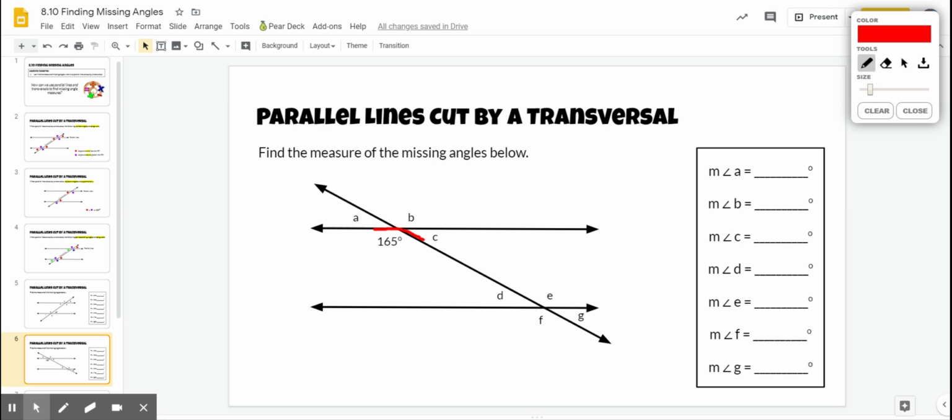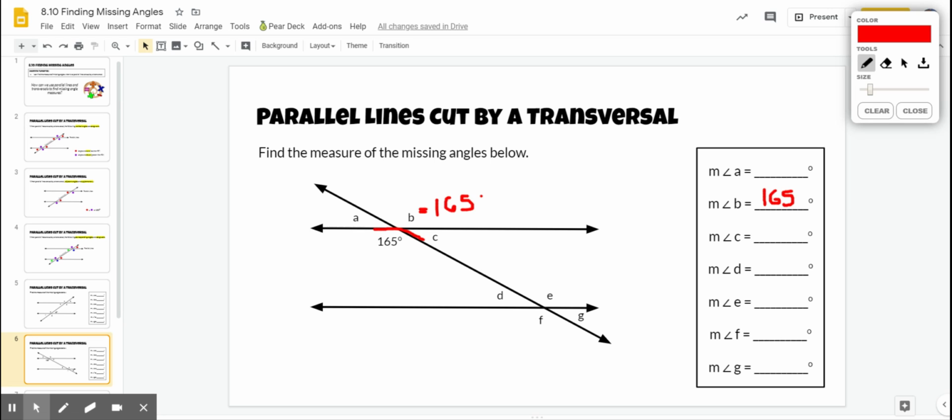So right now, go ahead and find the measure of angle B. If you said 165 degrees, you would be correct because these are vertical angles. So the measure of B is 165. Now let's think about what other angles we could fill in right now, knowing these two angles measure 165 degrees.